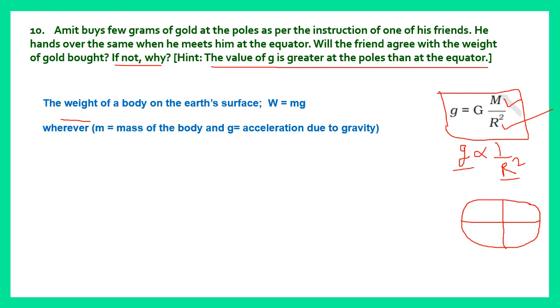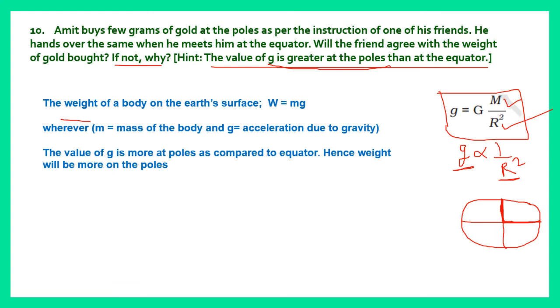If the radius of the Earth is less, the value of g is more. So you can see it clearly over here. The value of R is less at the poles, so if R is less at the poles, g is greater at the poles. And when R is more at the equator, g will be less at the equator.